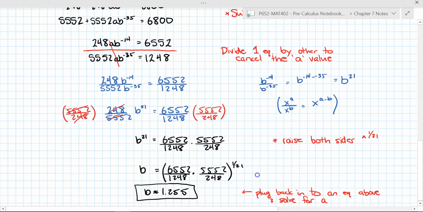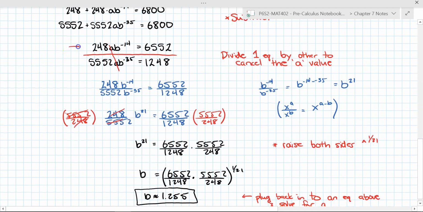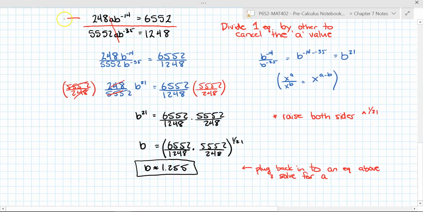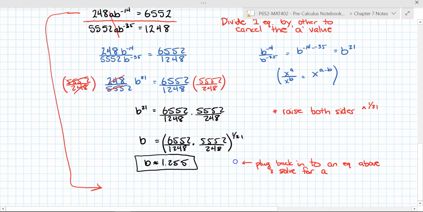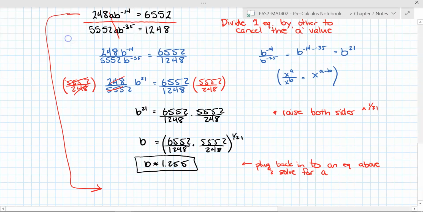All right, so I'm going to go up here. Let's just take this one and bring it down, because that's one of the last places right before I canceled my A value. So I had 248 times A. I still need to find out what that is, but I know what my B is now. 1.255 to the negative 14th equals 6552.